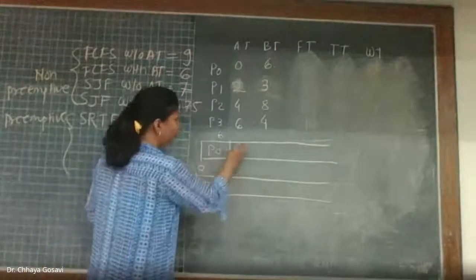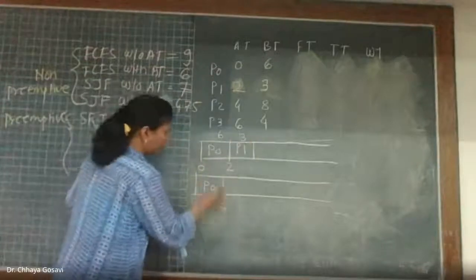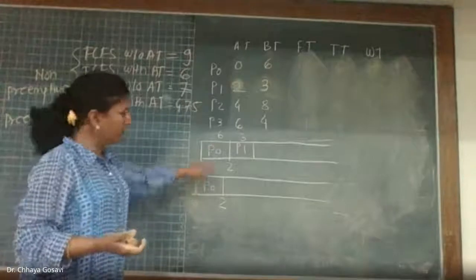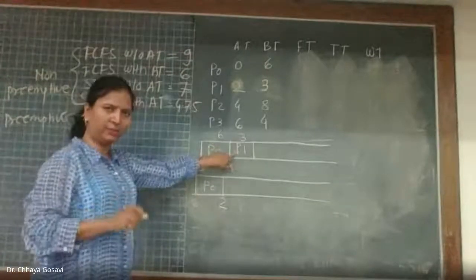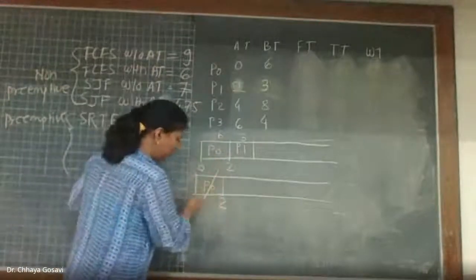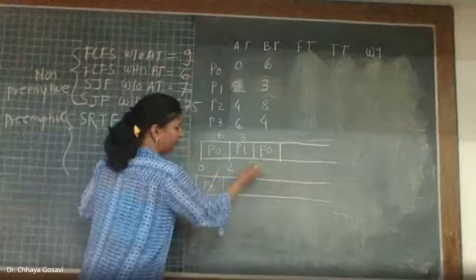At 2, P1 arrived with burst time 3, and what is the remaining time of P0? 4. And the incoming process has less burst time than the currently executing process. So at 2, P0 is preempted and added at the end of the ready queue.